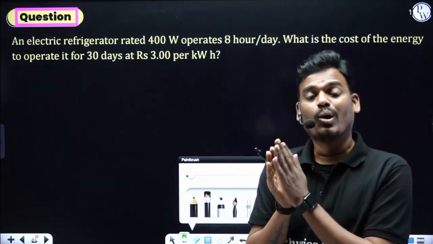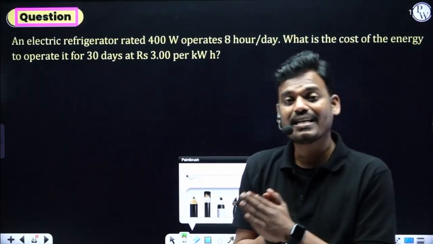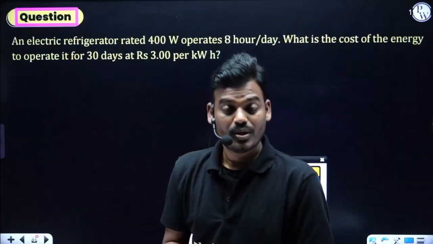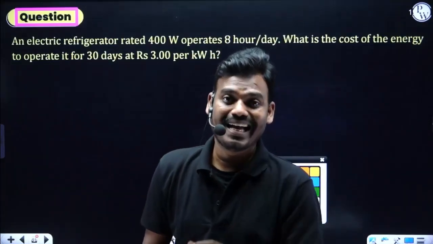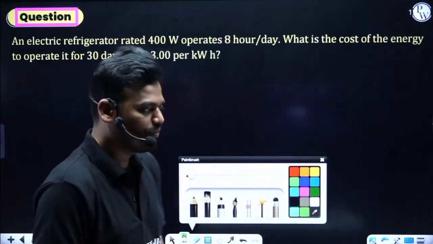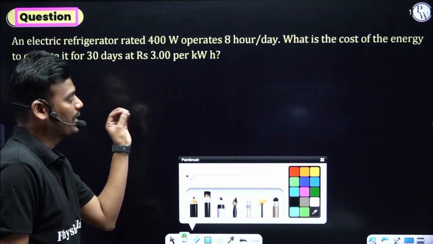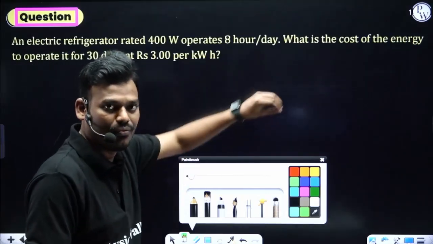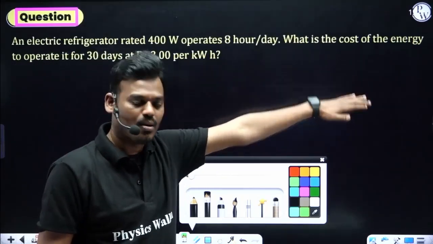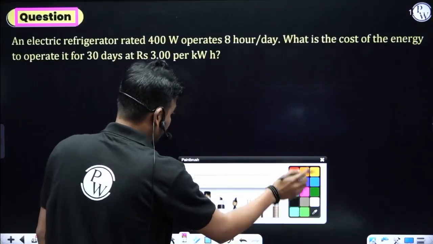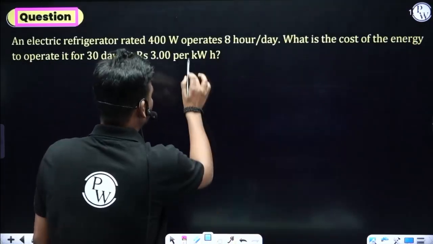That is not in terms of joule. Electrical energy is in terms of kilowatt hour. So for that unit, we are paying the electricity bill. So we need to calculate how much we have to pay for this particular question, which means we need to calculate the energy in units of kilowatt hour.